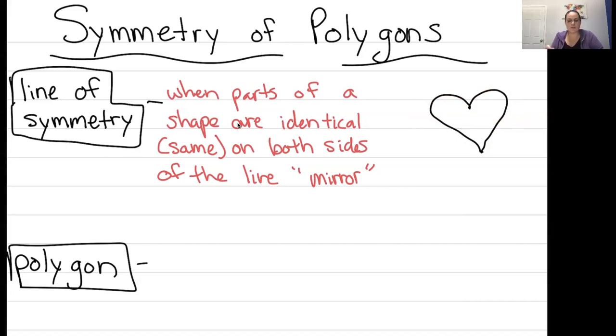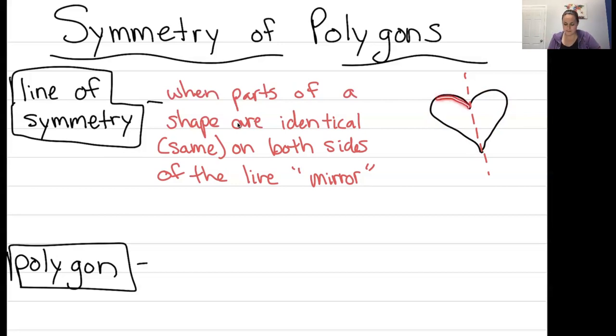So this is the one where you're going to draw and take a look. If we have a line going through our shape, and a lot of times they're dotted lines, if we put a dotted line right there on this shape and look at both sides, they are the same shape. One way that we would test this, you kind of have to do it in your brain, is you have to think about folding that piece over.